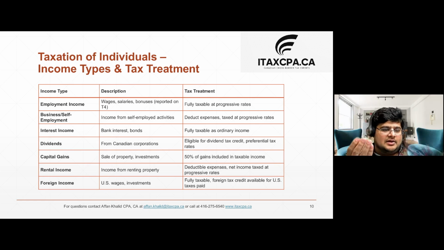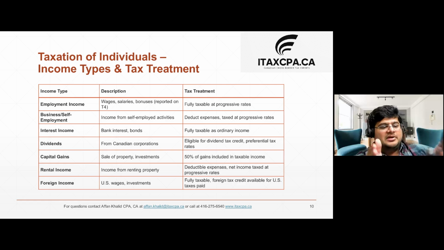So if you're earning employment income, then you will be issued a T4 slip for that income. That can include your wages, salaries, and bonuses, reported on a T4 by the Canadian employer, or if it's a US employer sending their US employees to work in Canada for 3 months, 5 months, 10 months, 1 year, 2 year secondment, whatever, then the US employer has to issue a T4 for that.